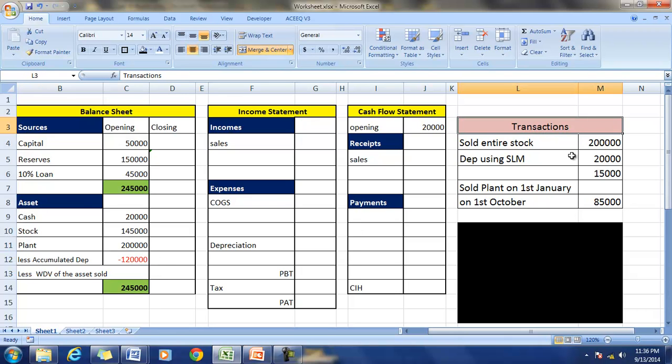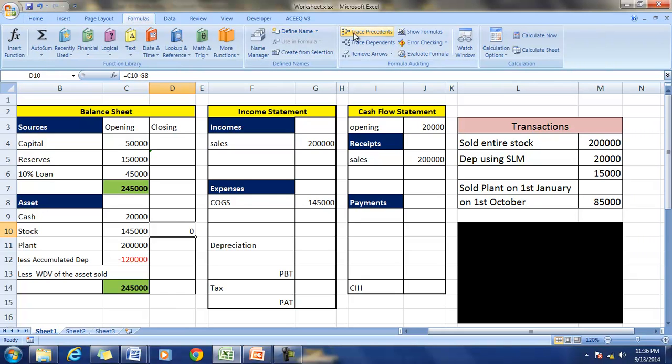Now the transactions are: the entire stock is sold for 200,000 for cash, and the corresponding cost of goods sold is 145,000. So the stock will become zero because the entire stock has been sold.